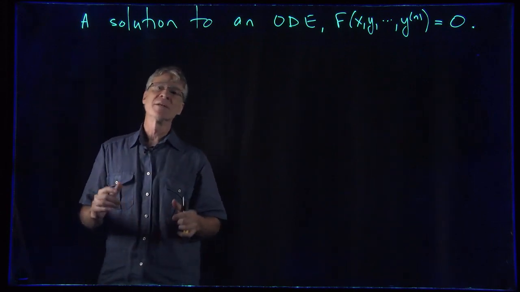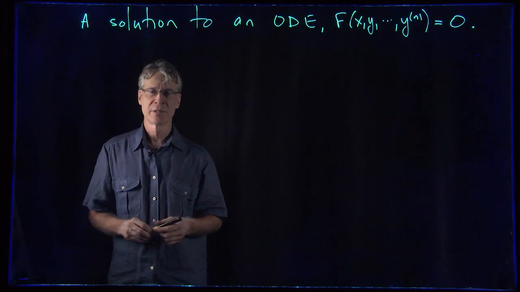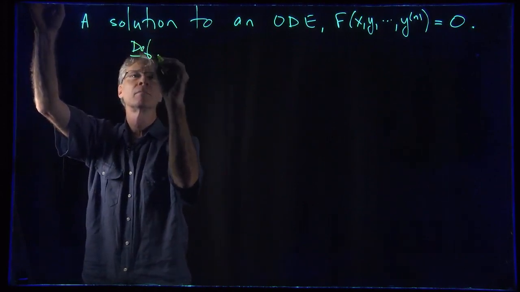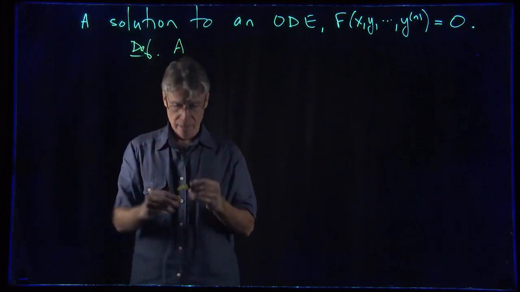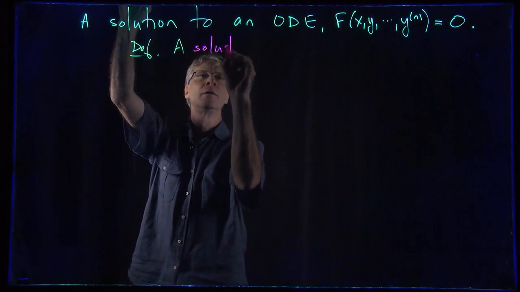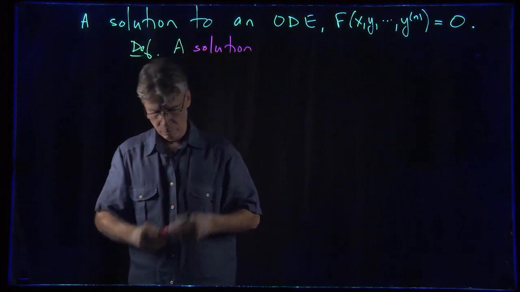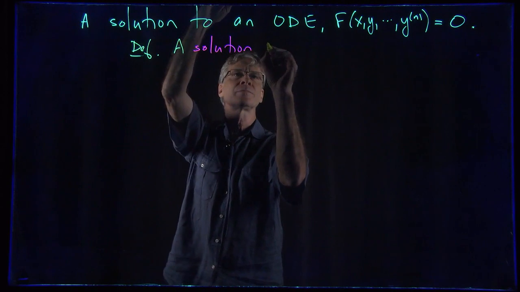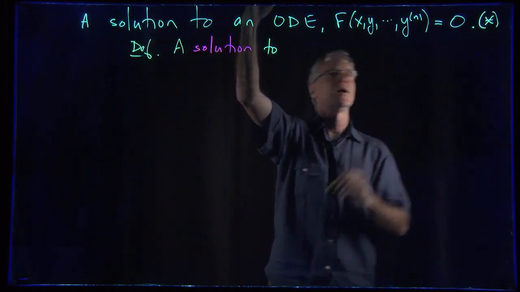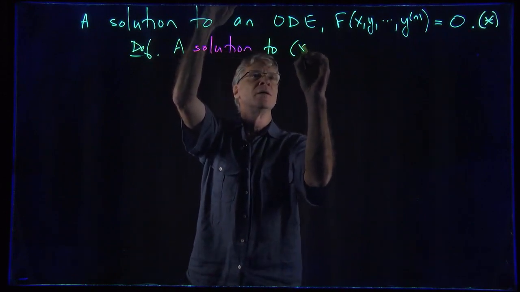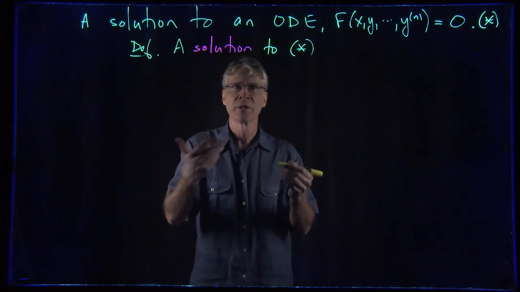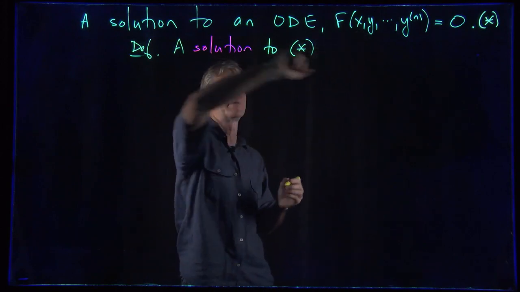Today I want to talk about what it means to have a solution to such a thing. And we'll start with the definition. A solution to, and I'll call this guy star, to star. Okay, now we know what the variables are because we know what the independent and dependent variable are.